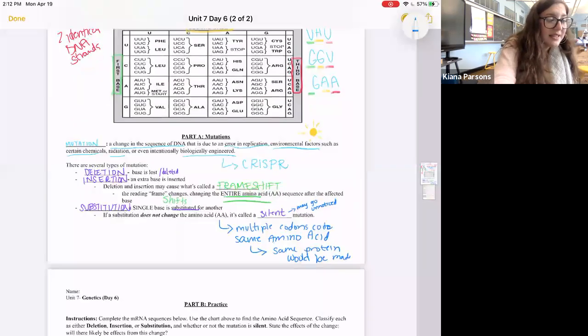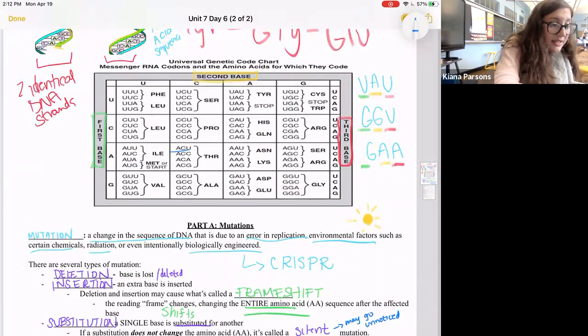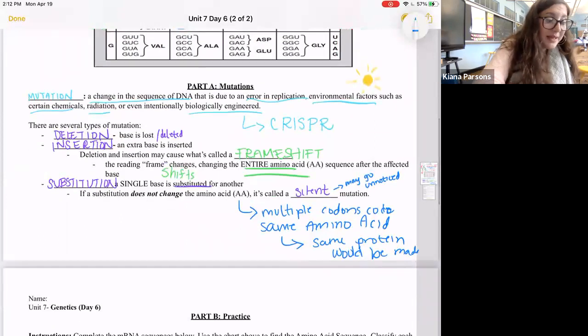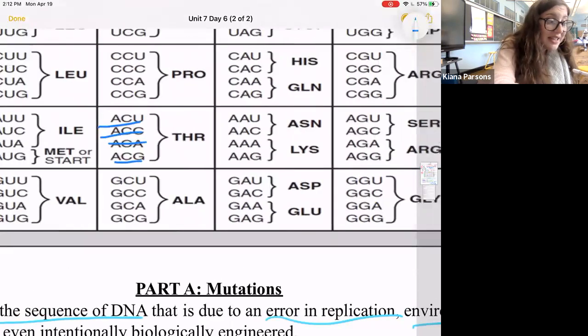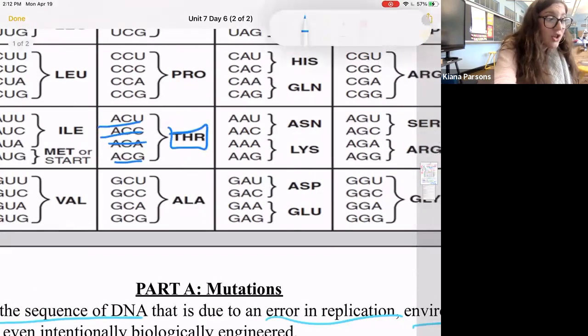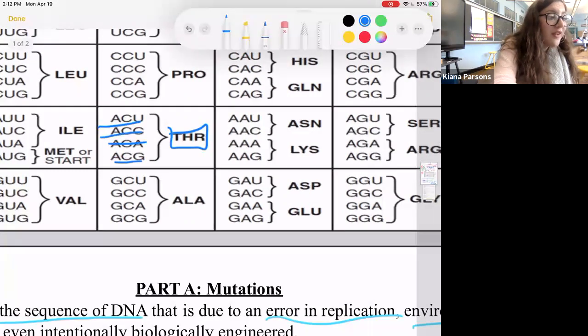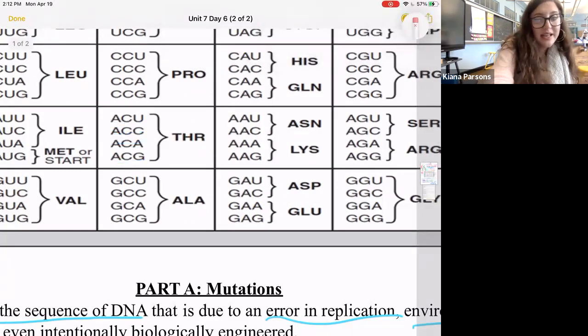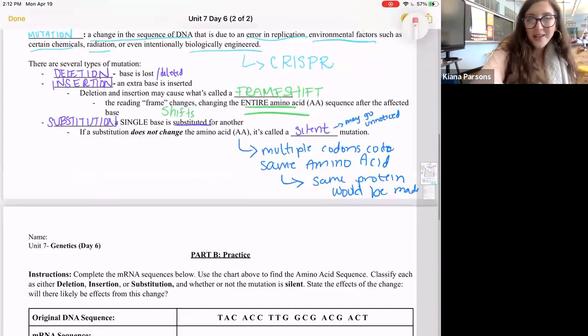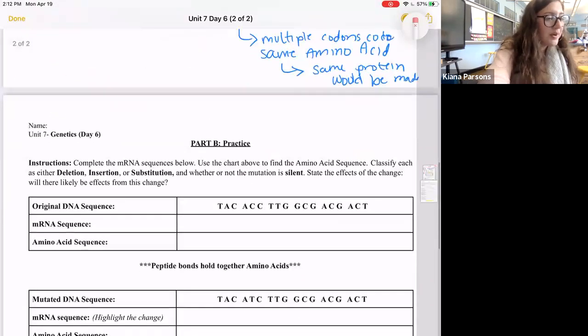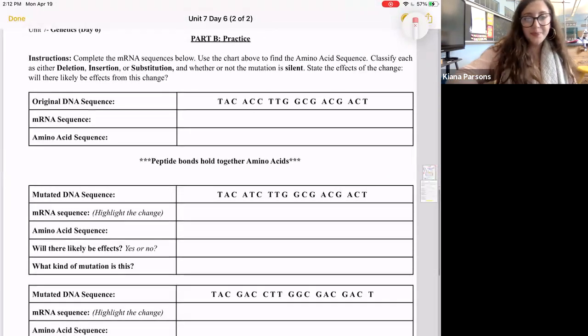That because several codons code for the same amino acid, that means that if there's just a substitution, if it's ACC instead of ACU, you're still going to get THR. So it's not actually going to affect the final protein that is made. Pretty cool stuff. So now we're going to do some practice.